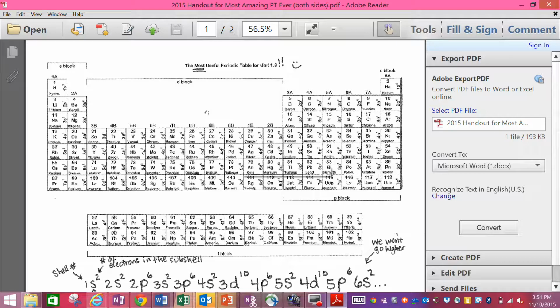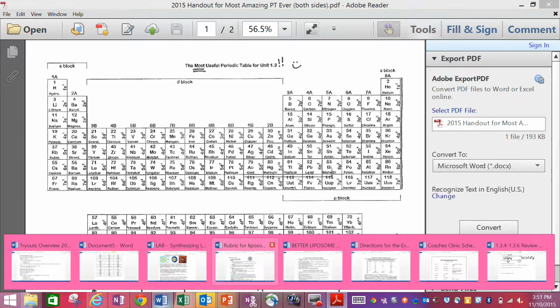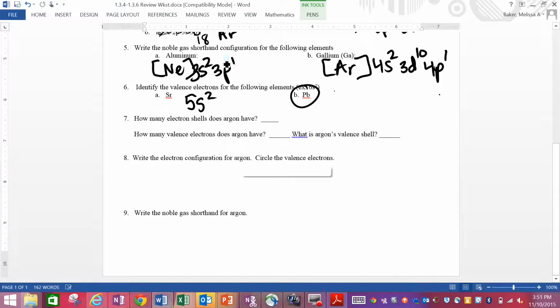Here's lead, number 82, 6p2. Well, if you're writing out its configuration and you go backwards, you'll see that you'll have written 6s2, 5d10, 6p2. So the ones with the 6 out front mean that that's the outer shell. So 6s2, 6p2, and it's got 4 valence electrons, 2 and 2.